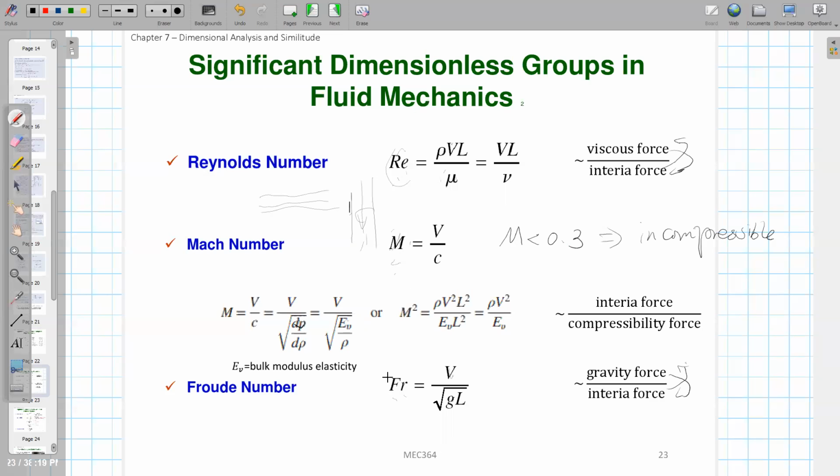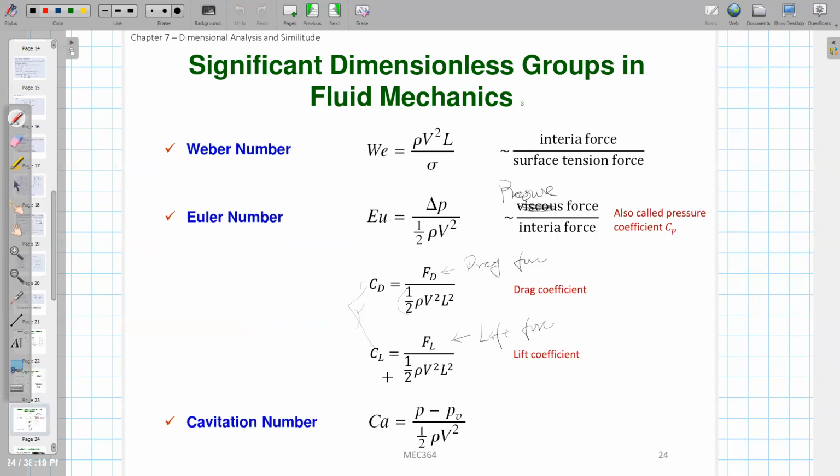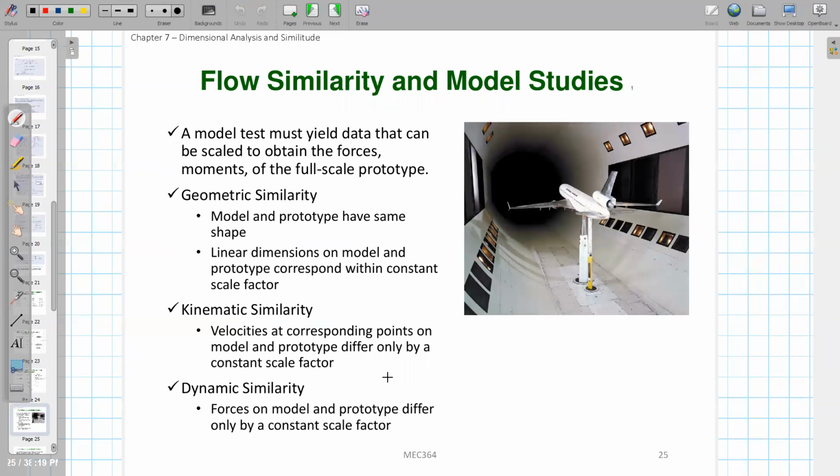All right, let's talk about the last topic of this chapter. What did we do so far?